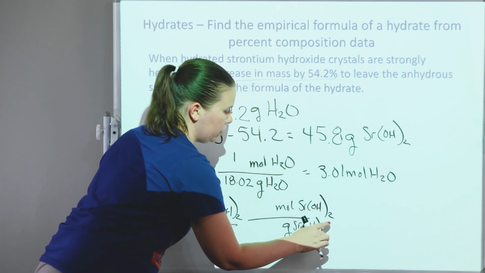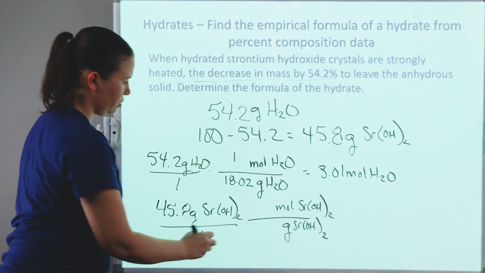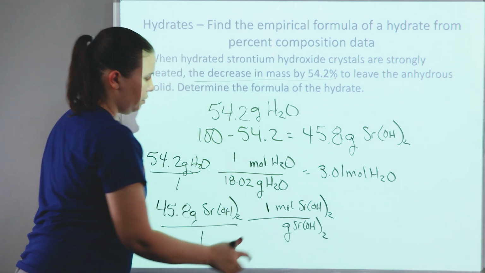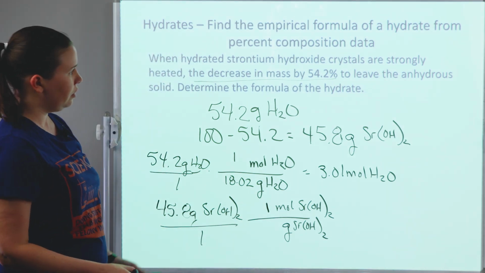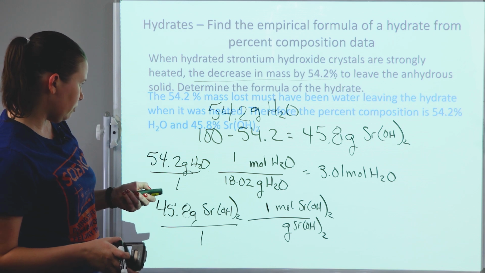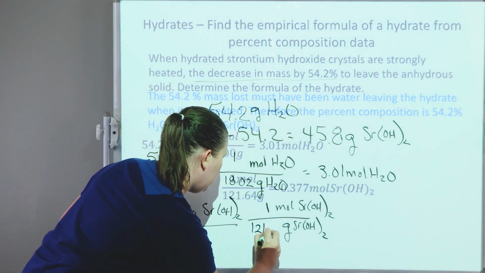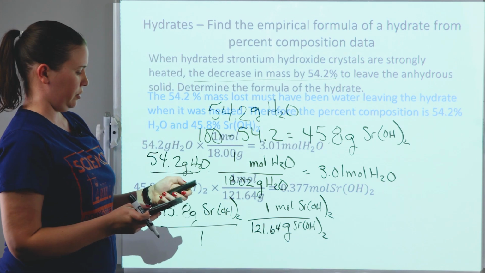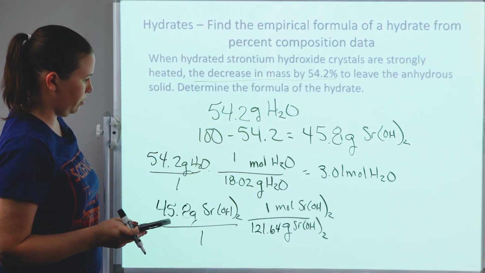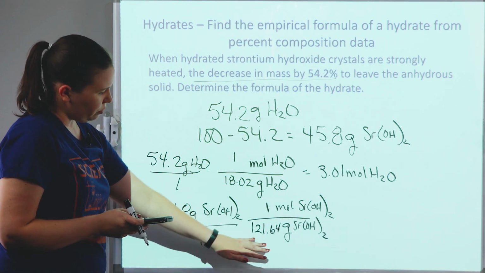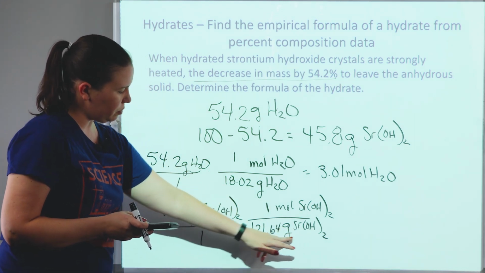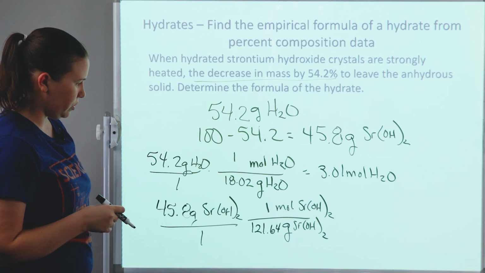Watch your parentheses, because it is 2 hydroxides, not just 2 hydrogens. 1 mole, and now I need the molar mass of strontium hydroxide. I should have looked at that earlier when I was kind of cheating. Let's see here, 121.64. I know that's hard to see. Let me go back. Here we go. So the molar mass of 2 hydroxides plus a strontium would be 121.64.